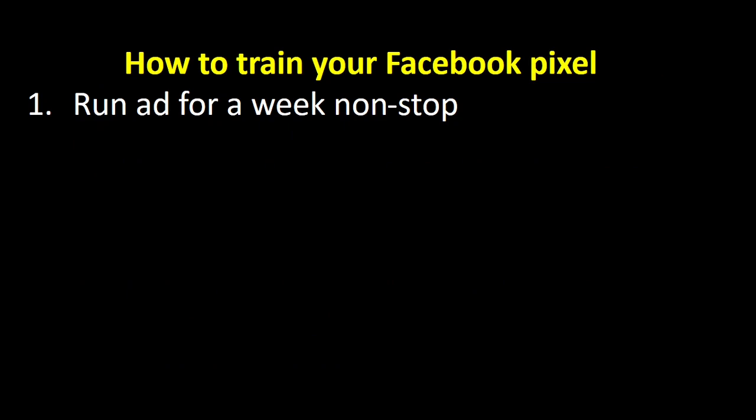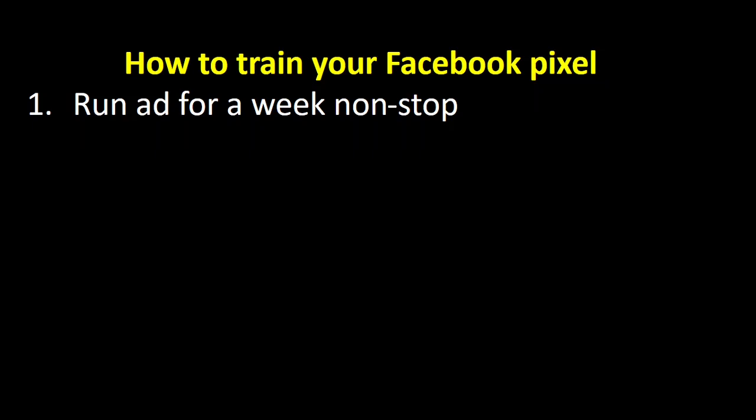Now, how do you train your Facebook pixel? It is very important to know how to train your Facebook pixel. To train your Facebook pixel, you are going to run an ad for a whole week, for 1 week non-stop. And when you run the ad during this time, you are not going to change things like the audience. You will not pause the ad.